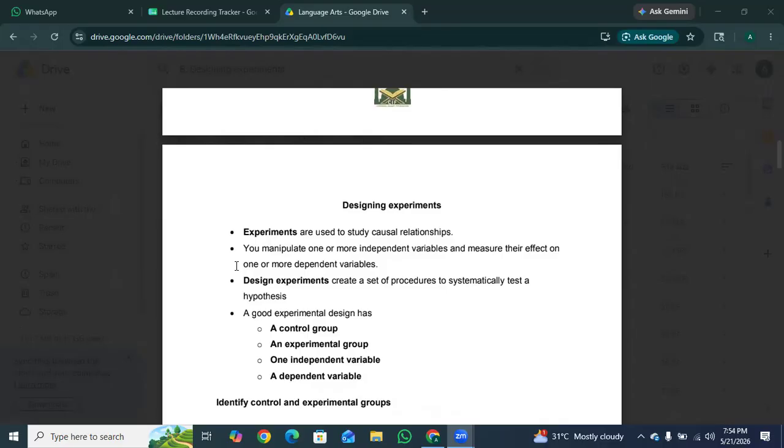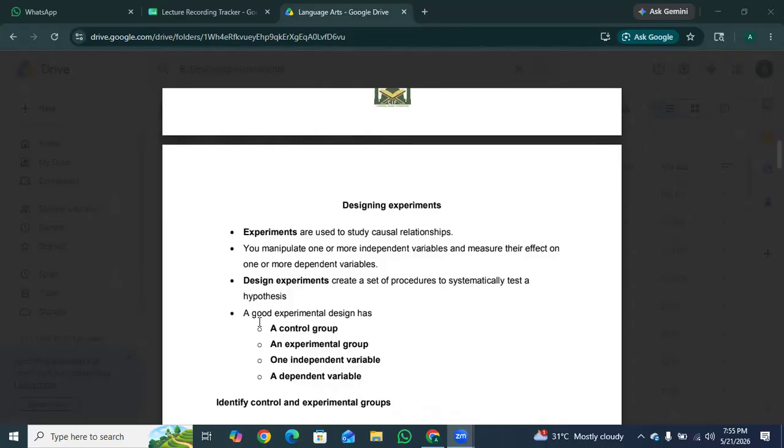Okay. So designing experiments creates a set of procedures to systematically test a hypothesis. To make sure your test is fair and accurate, it must have four ingredients: a control group, an experimental group, one independent variable, and one dependent variable. A control group is the group that gets normal treatment or no treatment at all.